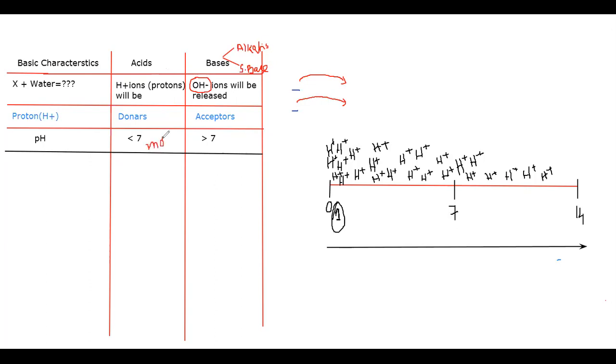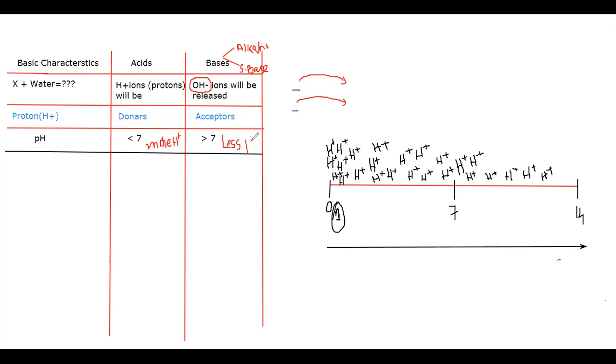What's the meaning of pH? Potential of hydrogen ion. Okay, more hydrogen ion if the pH is less than 7. If pH is more than 7, it means there are fewer hydrogen ion.